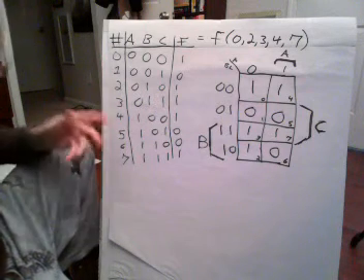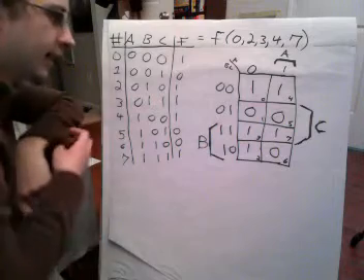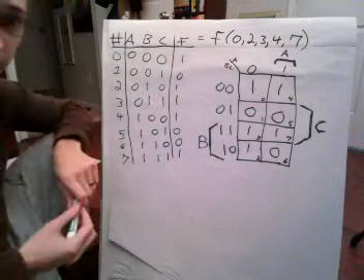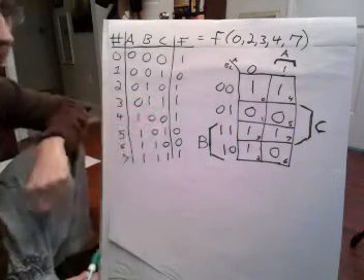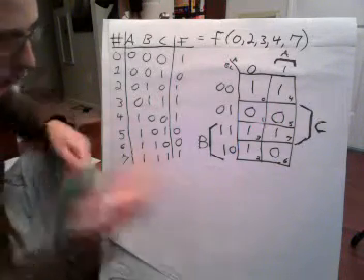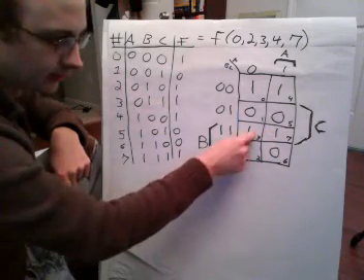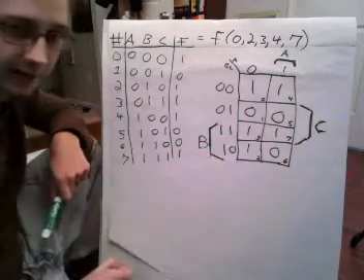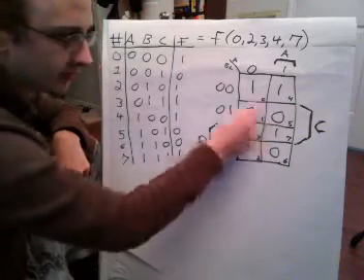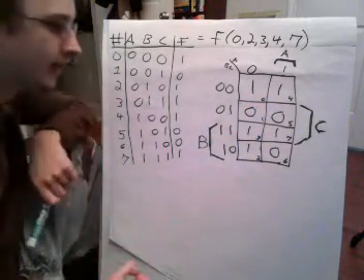So this is a case actually where we're going to use multiple colors. There's different ways you can group your ones in this map. Of course, anytime two ones are touching, either vertically or horizontally, you can group those two ones, and that will become a minterm in your expression.